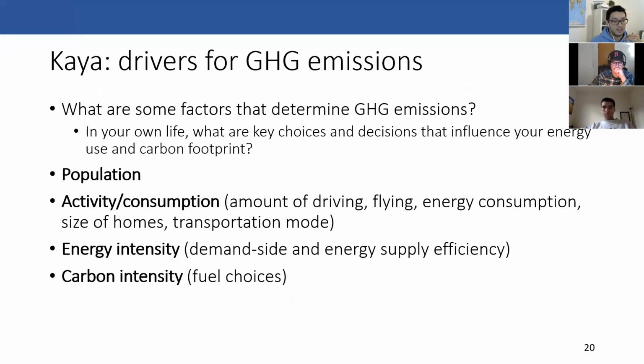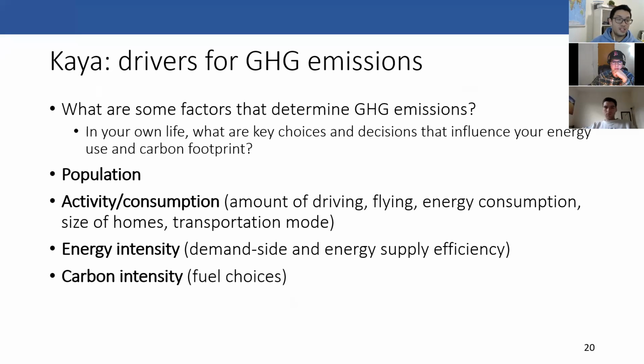So these are things like amount of driving or flying, size of homes, transportation mode. And so you can think about all of these activities and consumptions and average it for the typical person.